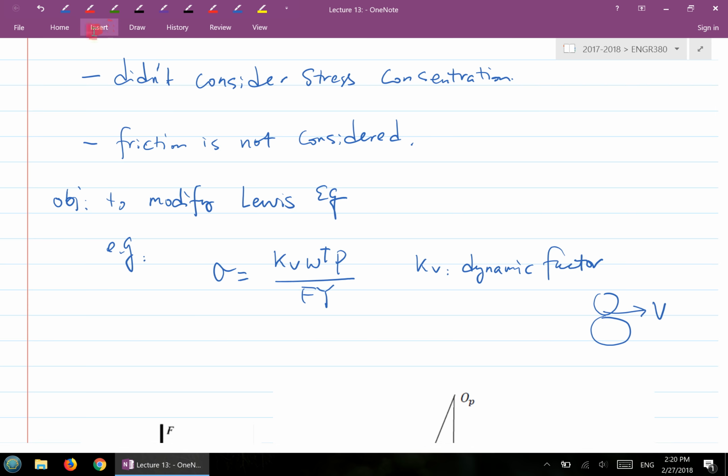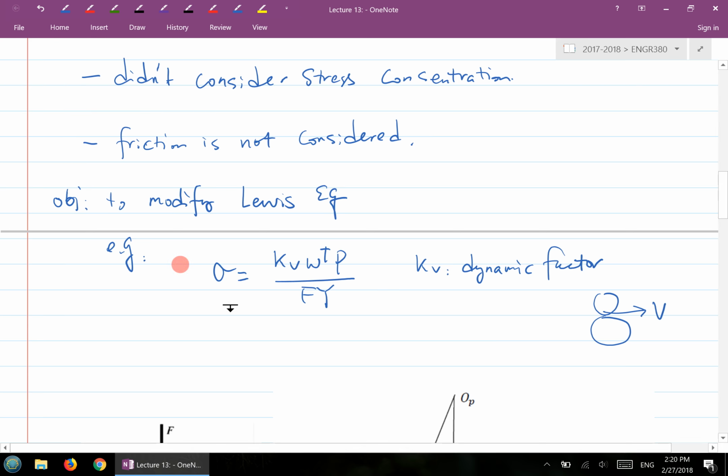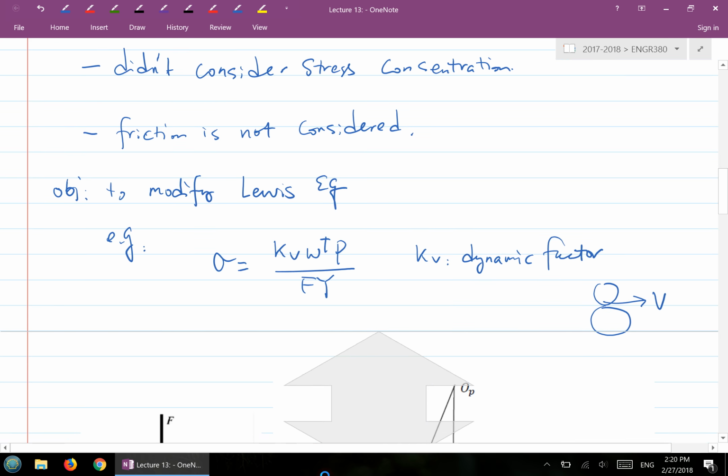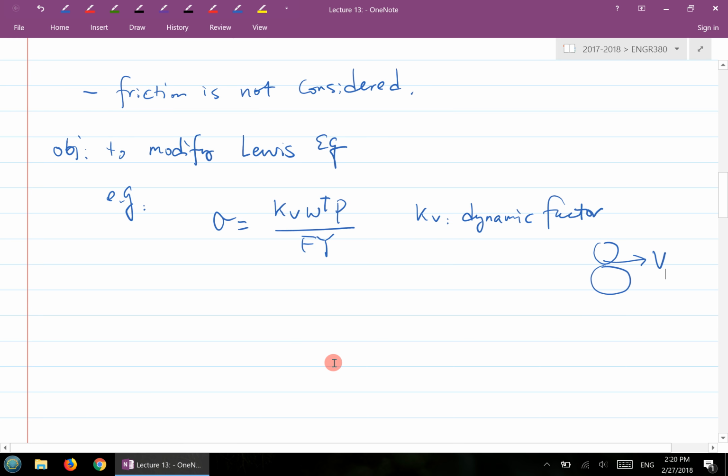That velocity will affect the stress level at the root location when the two gears are meshed together. So the idea is to modify the Lewis equation. Like the handout I'll give you, you'll see there are so many factors we're going to incorporate to modify the Lewis equation.